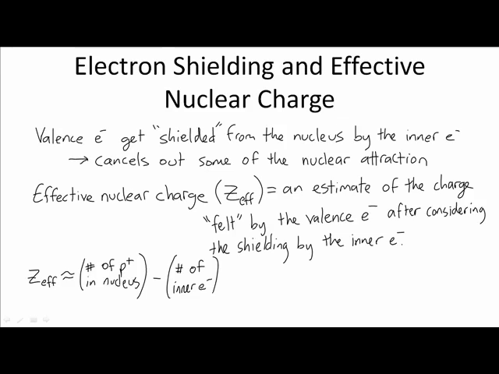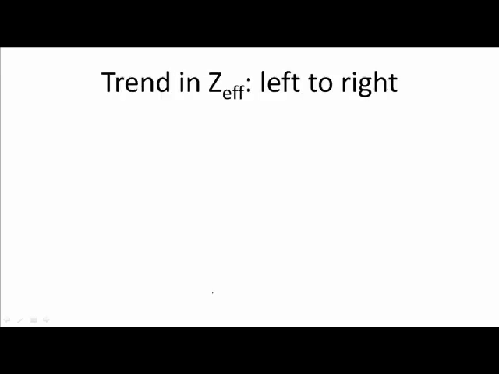All right, so let's calculate a few Z effective values and see if we can see a trend. As we move from left to right, let's just take, say, lithium, beryllium, boron, and so on.